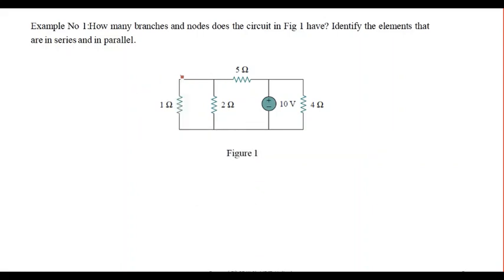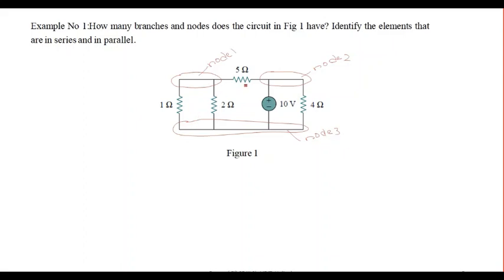The first common point is this one. The second common point is this one, and this is the third. These points where common elements are meeting, we can call a node. So we'll call this node number 1, node number 2, and node number 3.